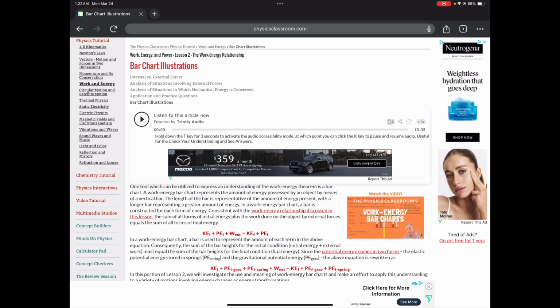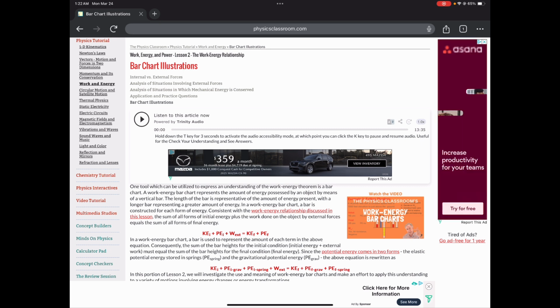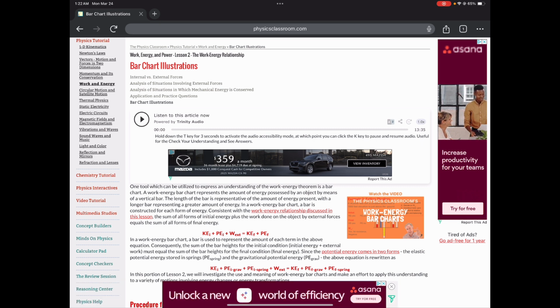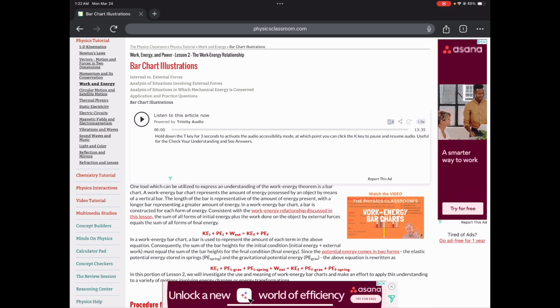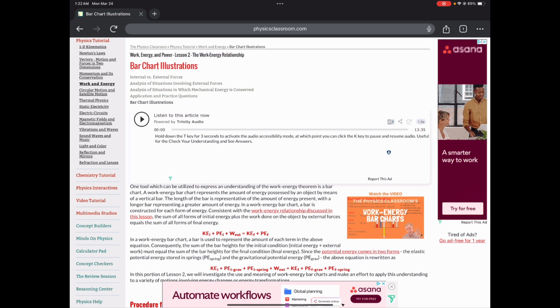So anyways, the bar chart illustrations, I would say the most important thing to remember when you're looking at a problem that involves the bar charts is, it's just like how you would approach a normal conservation of energy problem.